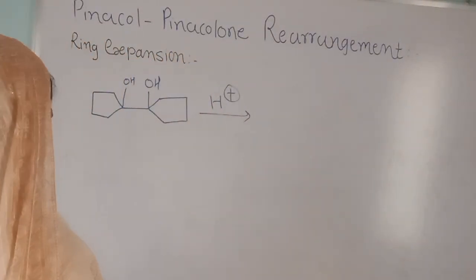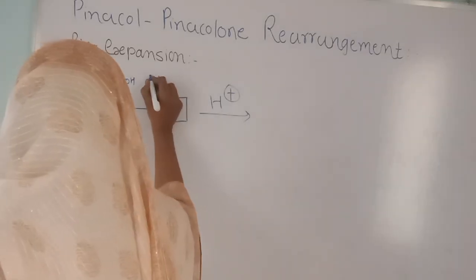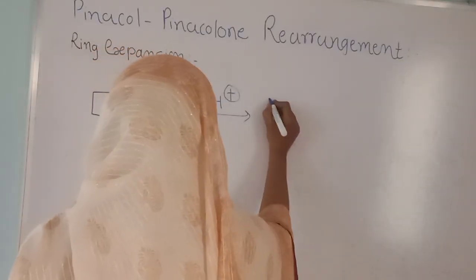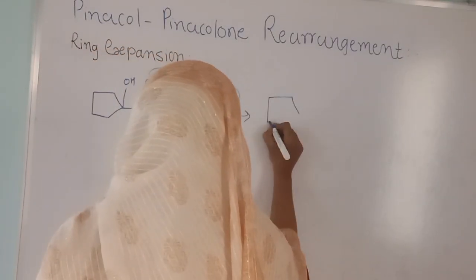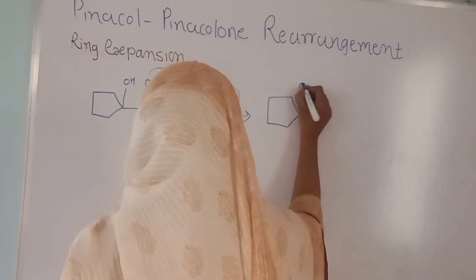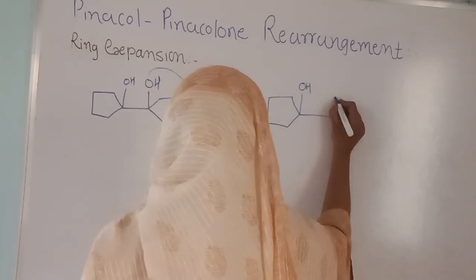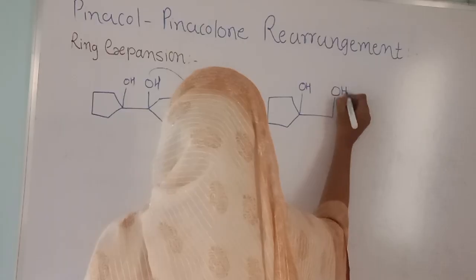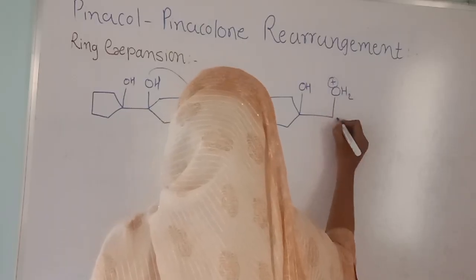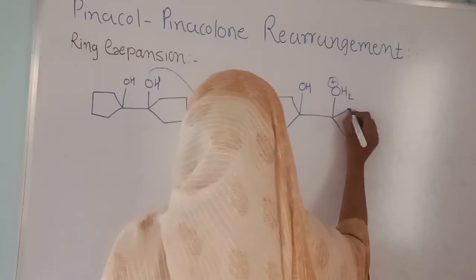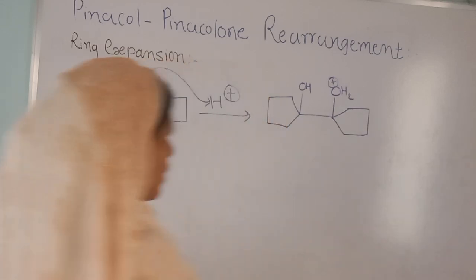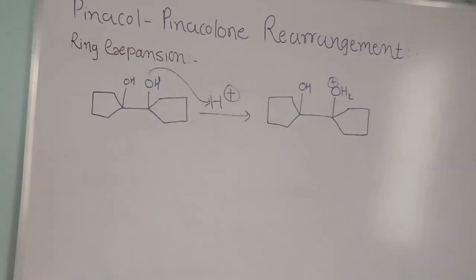H plus, or acidic condition, is given. The hydroxy group will pick up the proton. Then what will be the next step? It will be converted into a good leaving group, and then it will depart. Before that, which part will migrate?